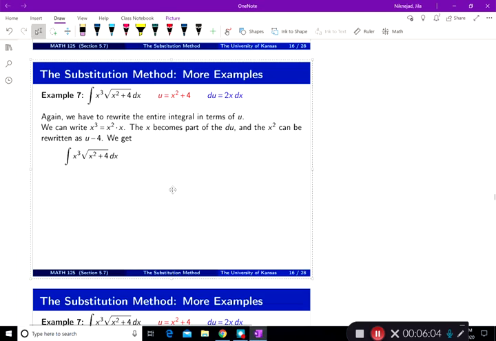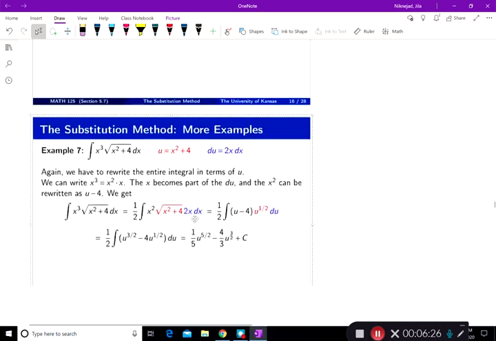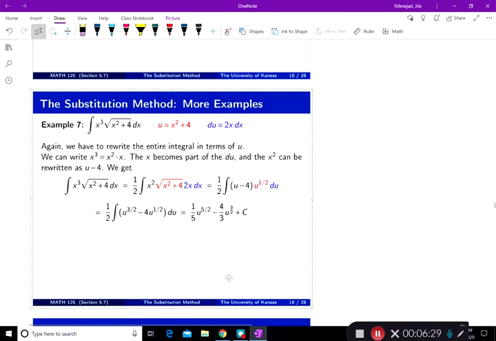We put x squared on one side, 2x on the other side, and we have to remember that there has to be a 1/2 in there also, and so we end up with this type of thing. Distribute through, take the antiderivative, and then you end up with this antiderivative after you substitute back.